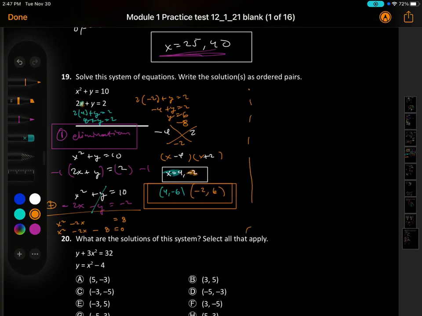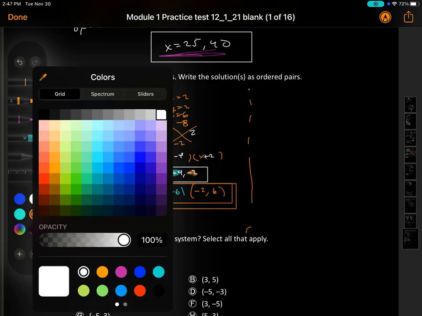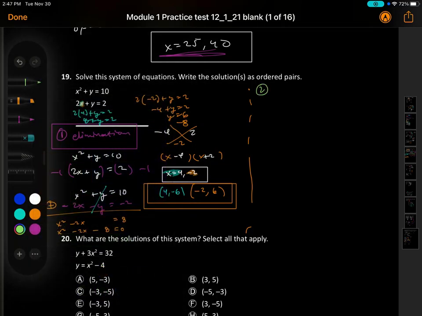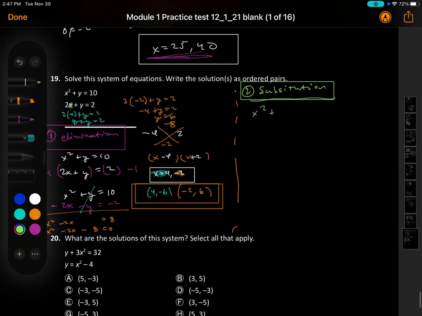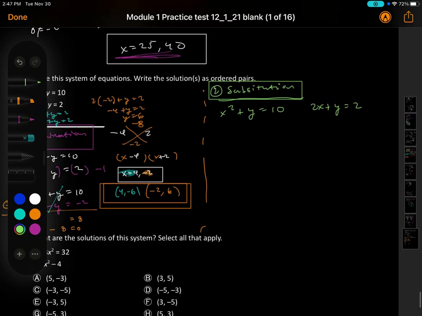How would you do the same problem, getting the same answers, if you did a method called substitution? I can't spell. Okay, so x squared plus y equals 10, and you have 2x plus y equals 2.